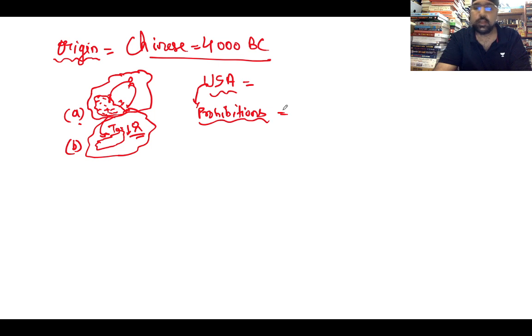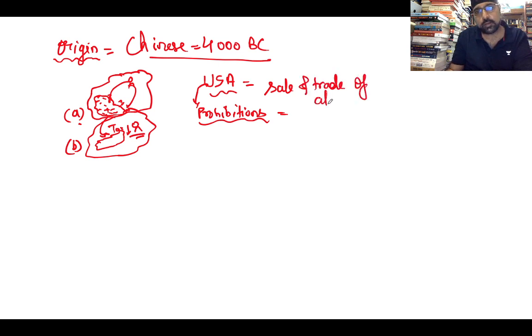Prohibitions apparently at times do not really work, but rather end up creating parallel systems that circumvent the prohibitions. That's precisely what we saw in the case of the US. In the US, there were prohibitions on the sale and trade of alcoholic drinks.